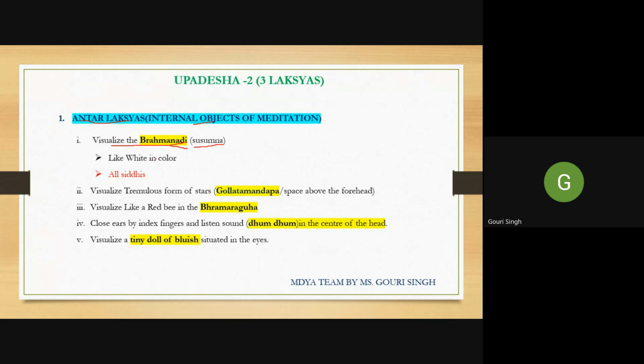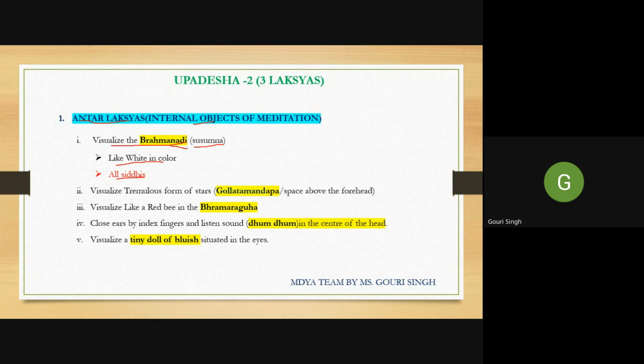So here Guru Gorakshnath is also saying that you have to concentrate on the Sushumna Nadi. In which form? In white color. You have to visualize that your Sushumna Nadi is white in color. In that way, you have to do your meditation, so that as the result, you get all the siddhis.